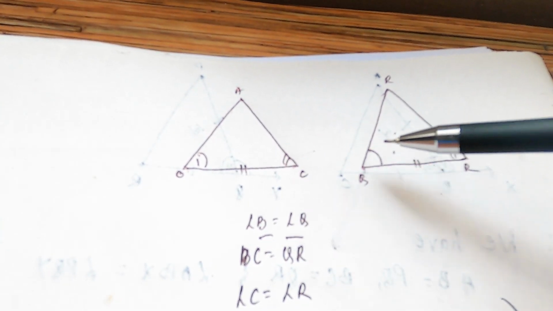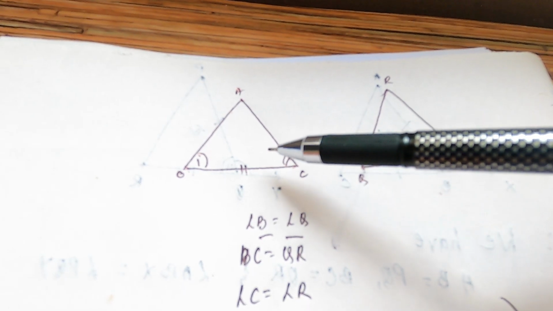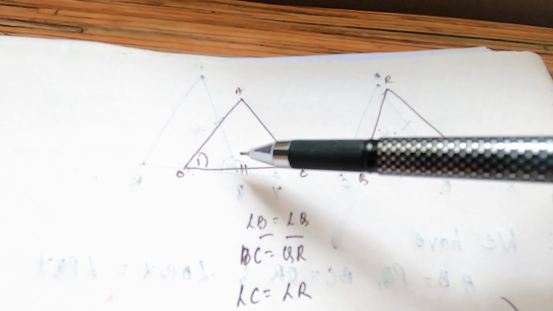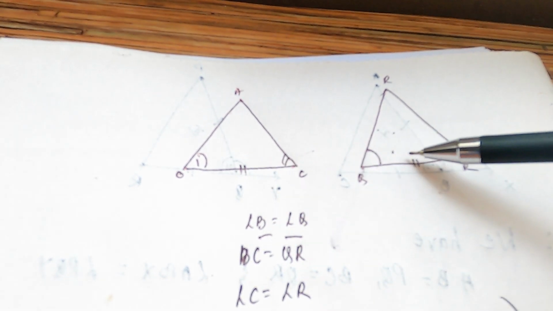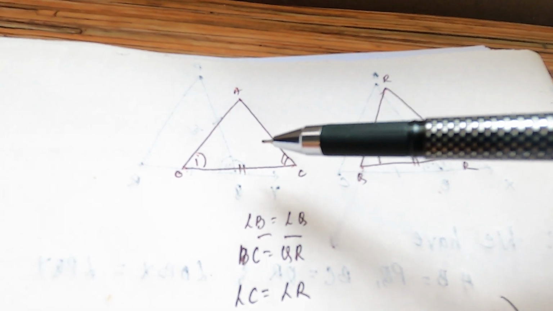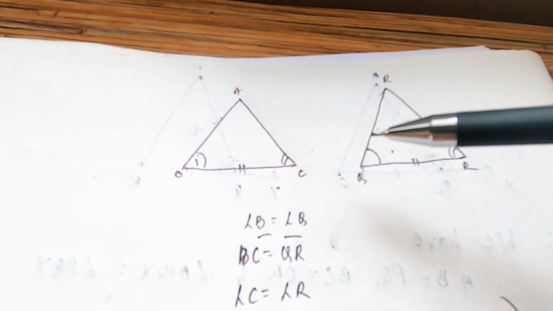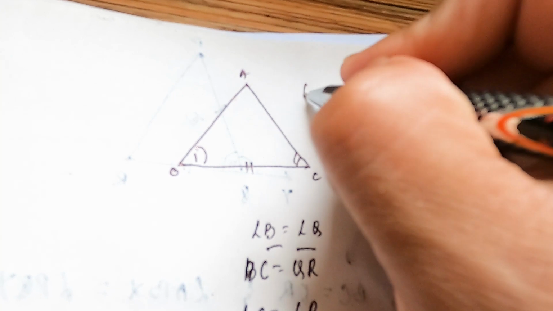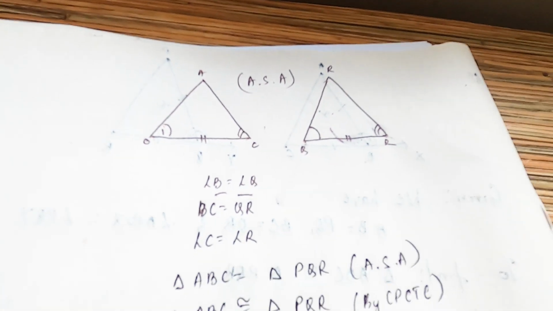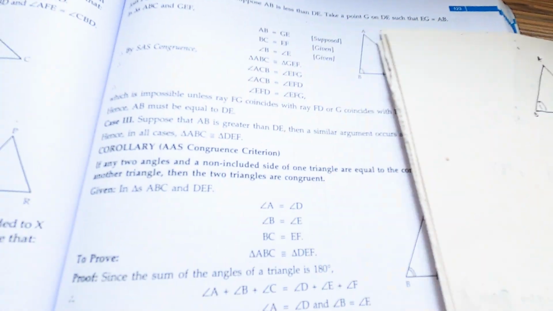Now this will work only if the question says that the angles are equal to the corresponding angles. Otherwise we have to prove that the angles are equal, and then we can use angle side angle. So that's very simple to understand.